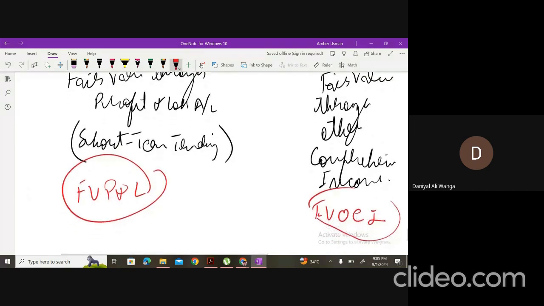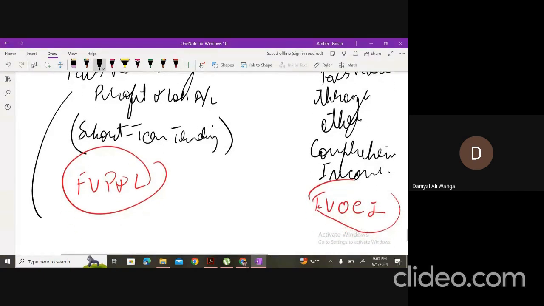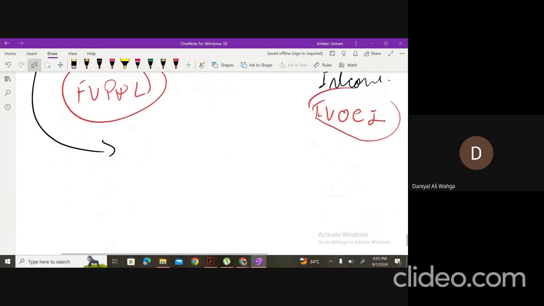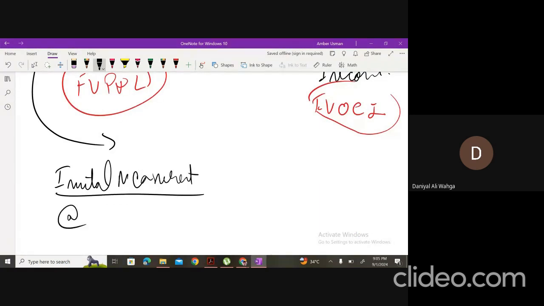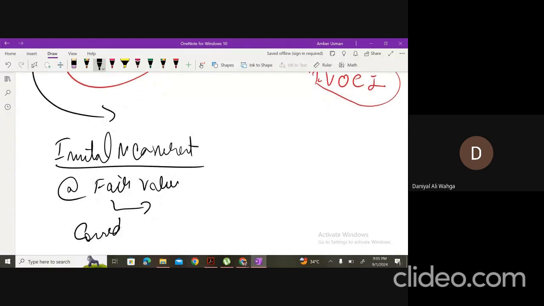Okay, in the fair value through profit and loss account model, the initial measurement is done at fair value. And what is the fair value? That is the consideration paid.